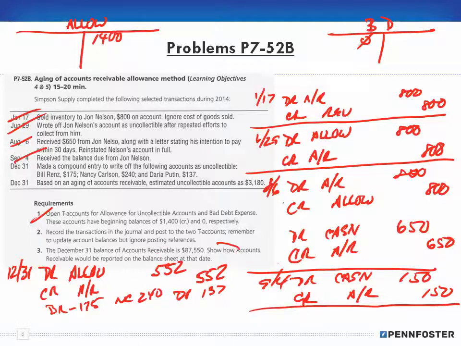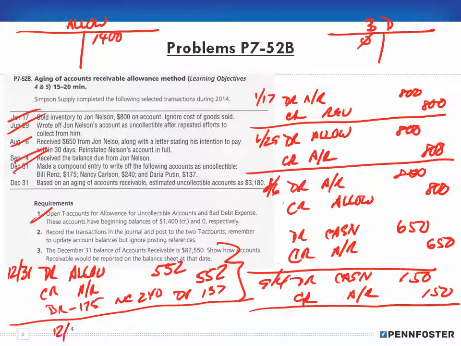So this is the entry I would make, and I disagree with the entry that's part of the solution manual, okay? Because again, you're not writing off to individual accounts receivables like that. Right, and then December 31st, based on aging of accounts receivable, estimated uncollectible accounts as $31,800.